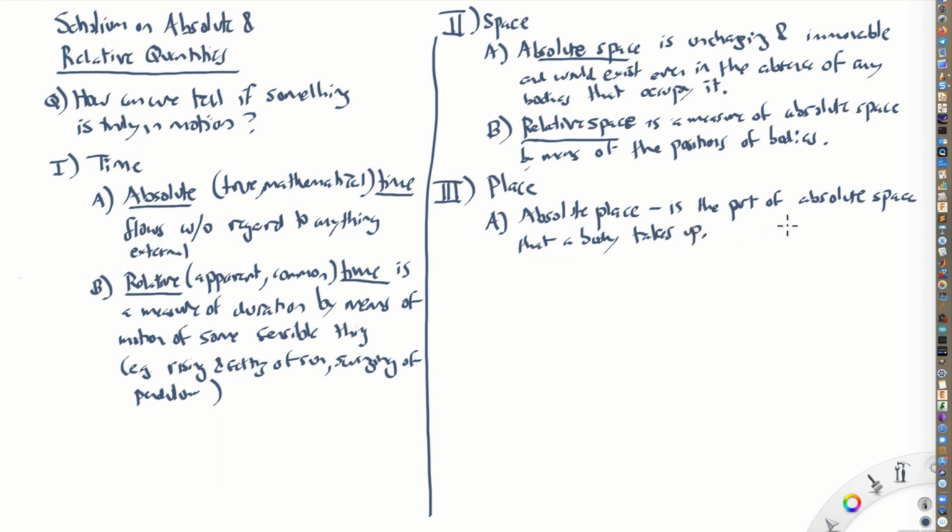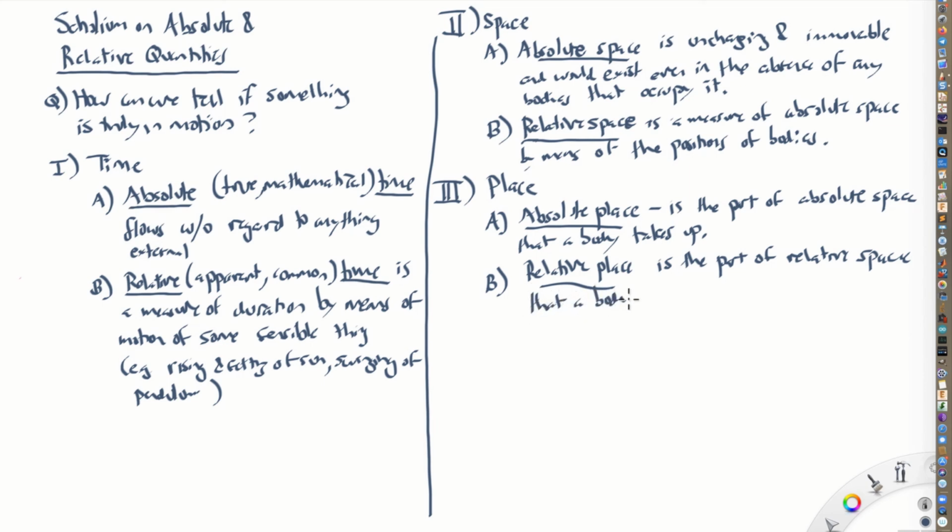So if you have, let's say, a boat or a coffin, its place is the part of absolute space that the body takes up, as opposed to relative place. Relative place is the part of relative space that a body takes up or occupies.